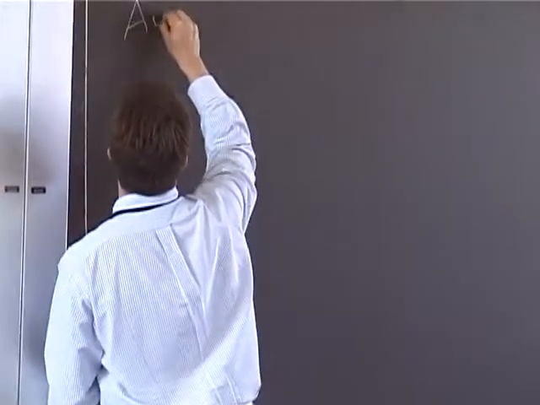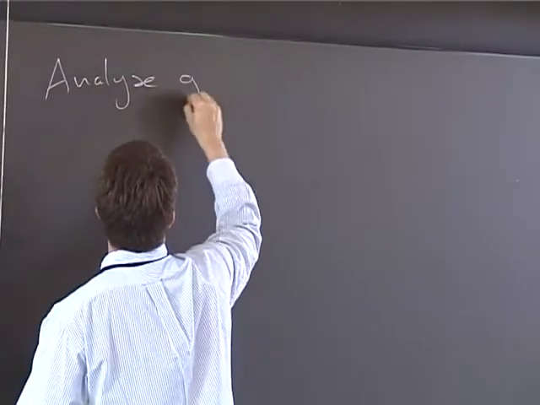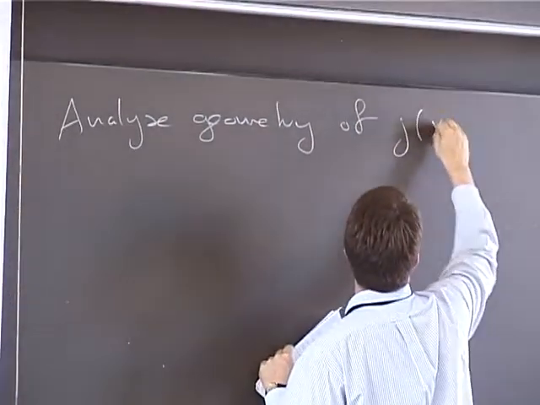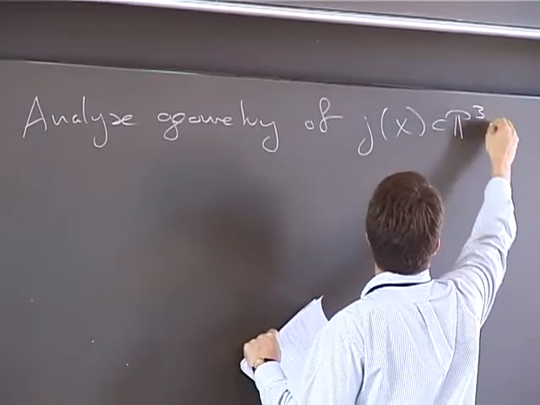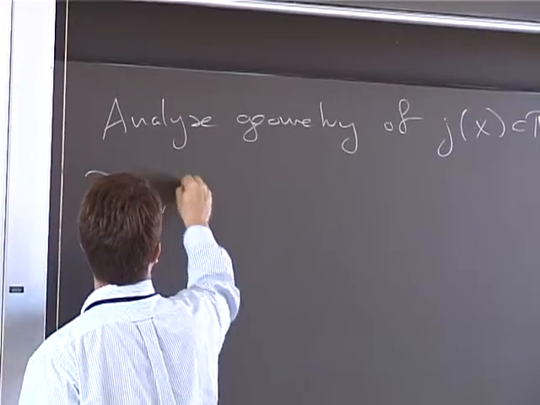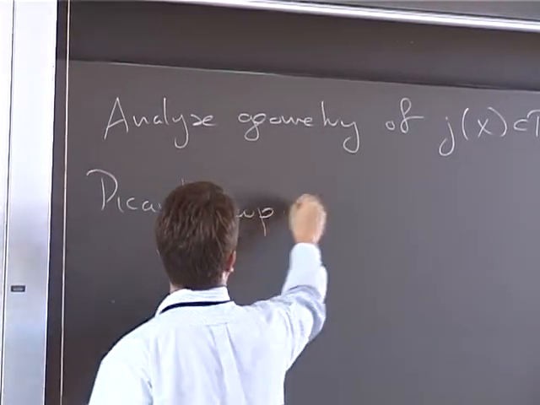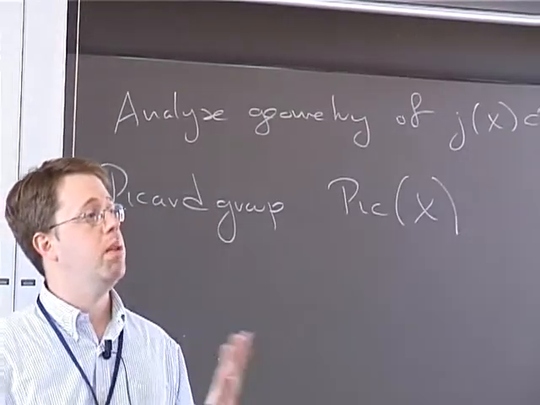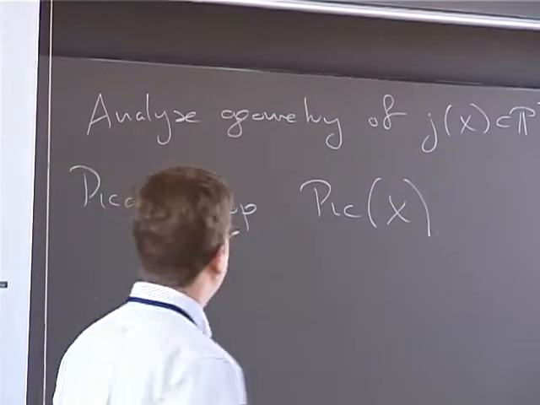Analyzing the geometry of this gives me an excuse to develop some nice and useful notation. So how do we analyze the geometry of J of X? Well, the key ingredient is the Picard group. Let me just remind you the relationship between the Picard group of a blow-up and the Picard group of the original variety.